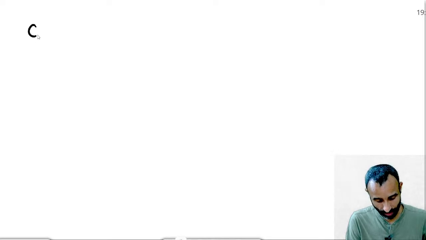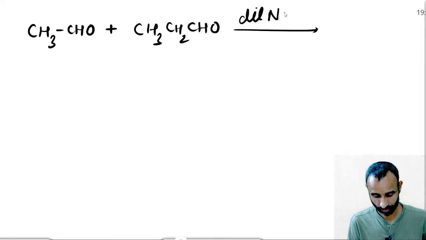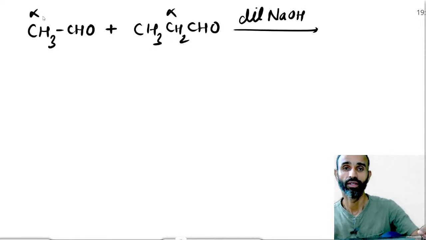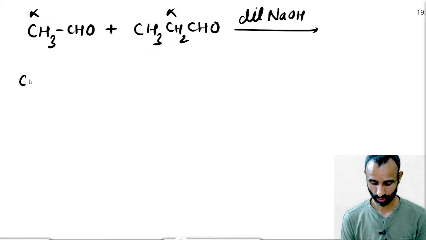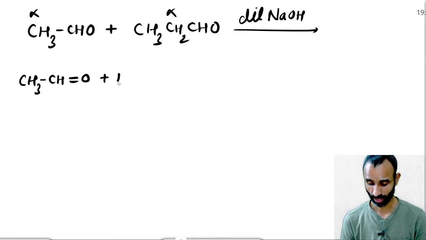Now if we have different aldehydes or one aldehyde and one ketone, we get four products, because both of them have alpha hydrogens, right? So both have alpha hydrogens, what happened? First of all we have CH3 CH double bond O, and both alpha hydrogens of the same.